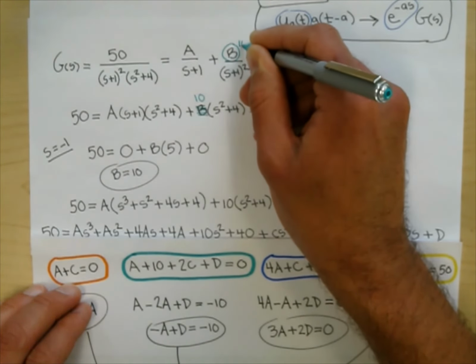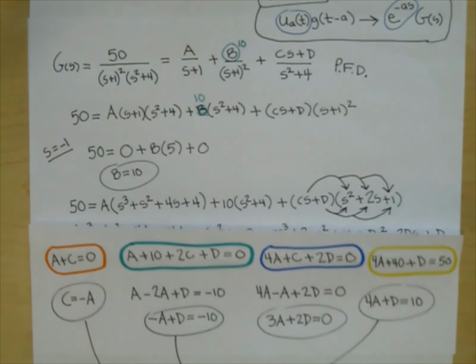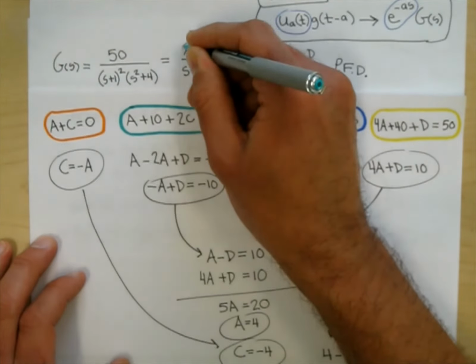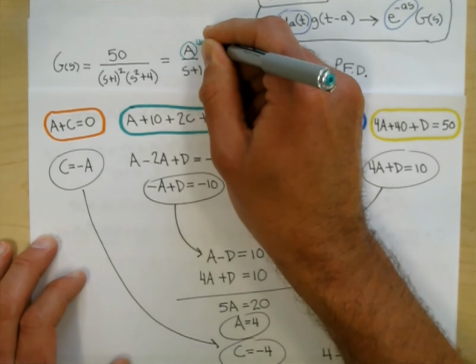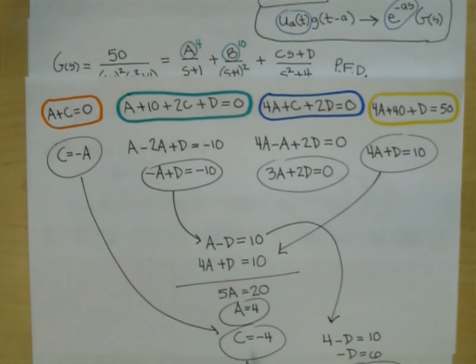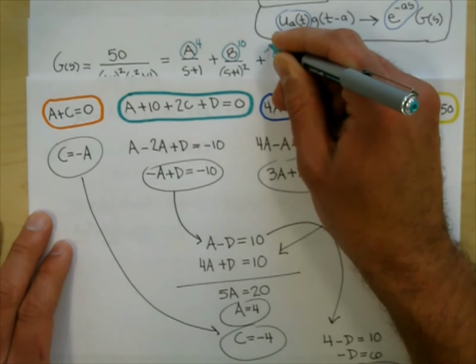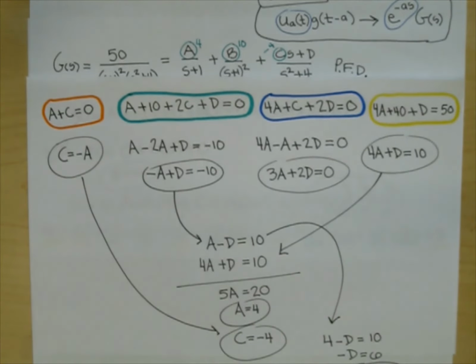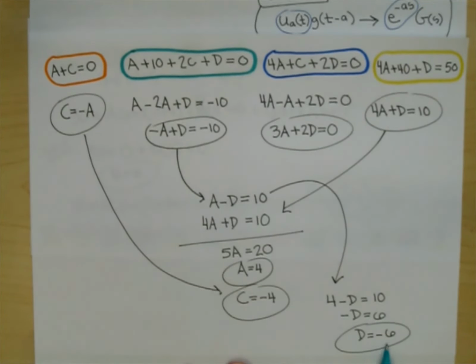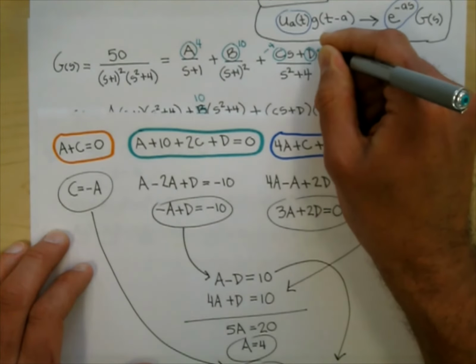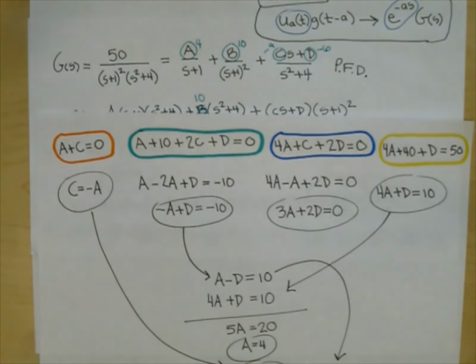Put a 10 there. A is 4. C is -4. And D is -6. What I want to do is I want to get another piece of paper so we can continue on this.